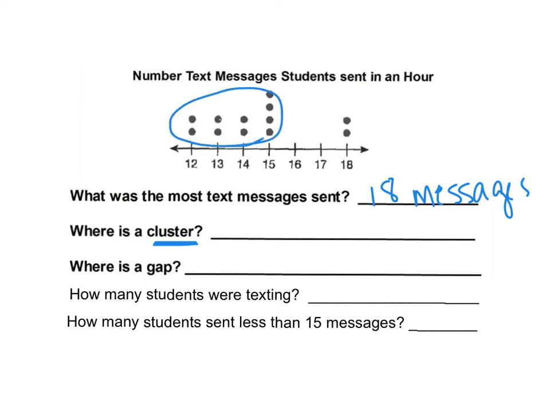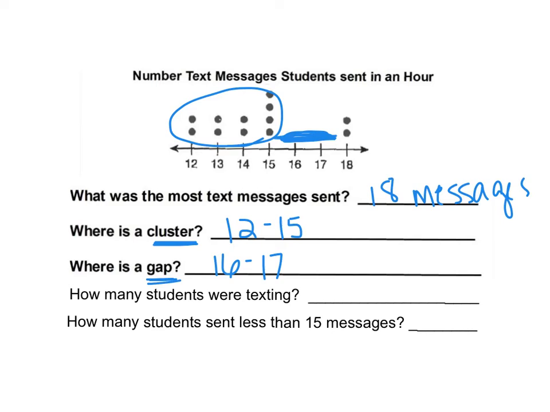Again, your answers can vary a little bit on these types of questions, but I'm going to say our cluster is from 12 to 15 messages. Where is a gap? So a gap is going to be where there is no data. So in this situation, 16 to 17 messages is a gap because there were no students who sent that amount of text messages.